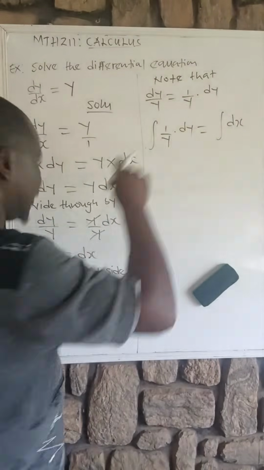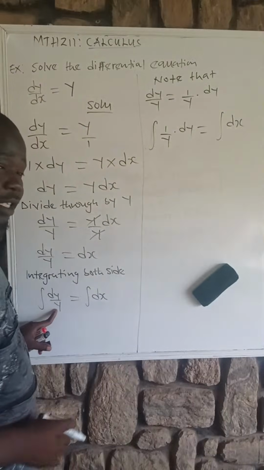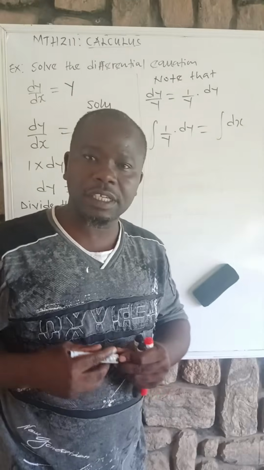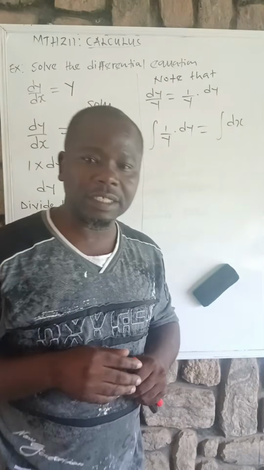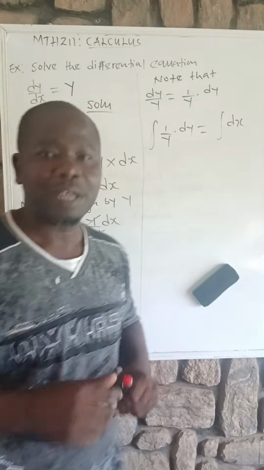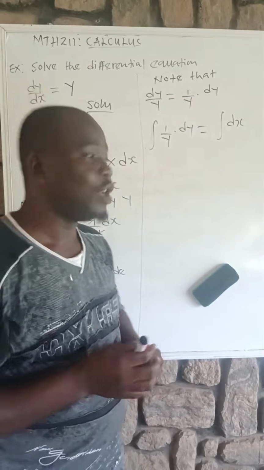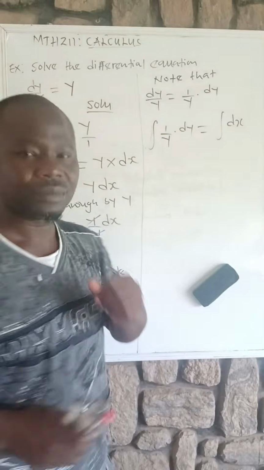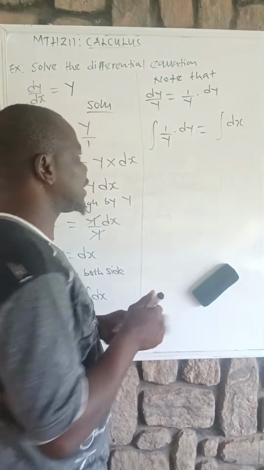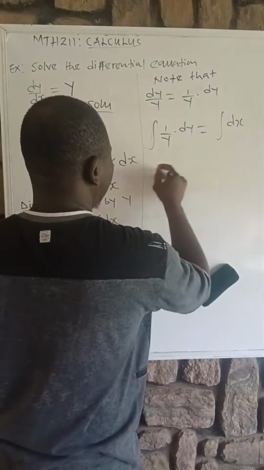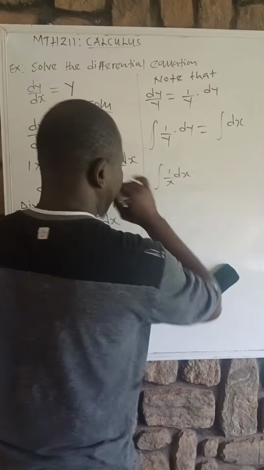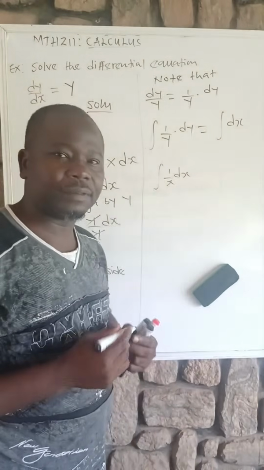So this is the same thing as this whenever you come across something like this. But you know, we just do a little revision. Now we know that when we integrate, recall that if you integrate 1 all over x dx, what are you supposed to have?